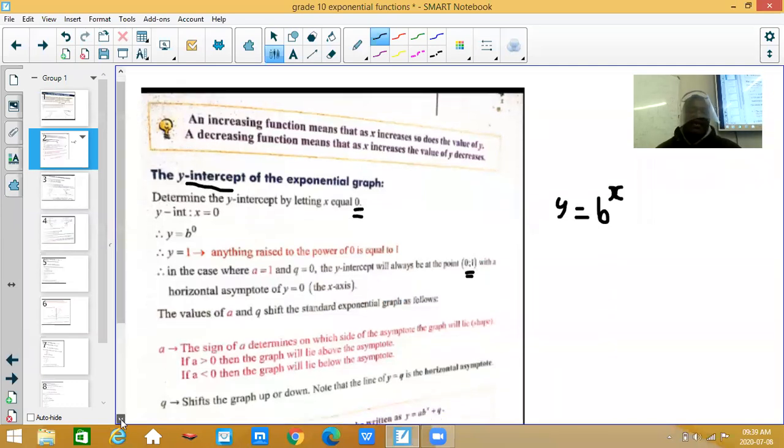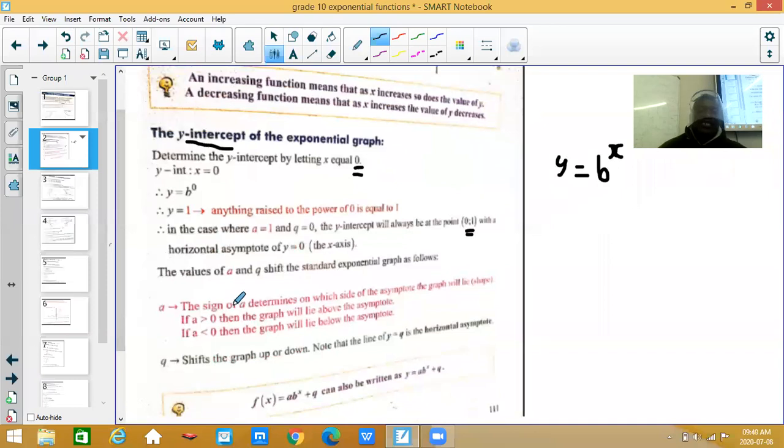Now, the sign of a determines on which side of the asymptote the graph will lie. If it is positive, it will be above the line of asymptote. If it is negative, it will be below, right?